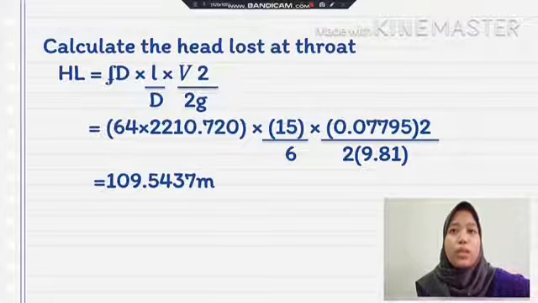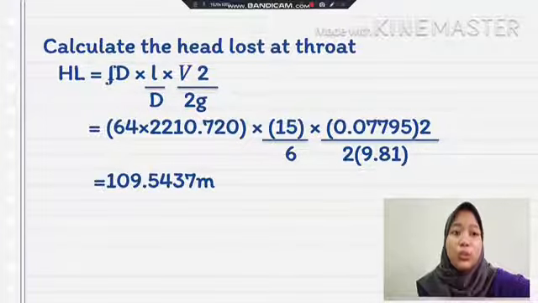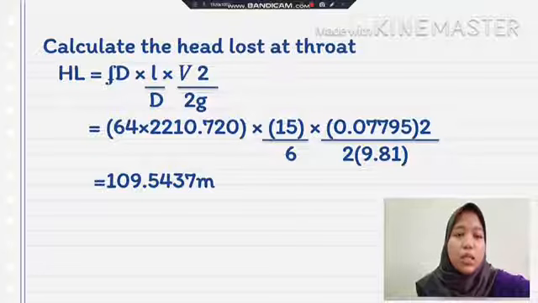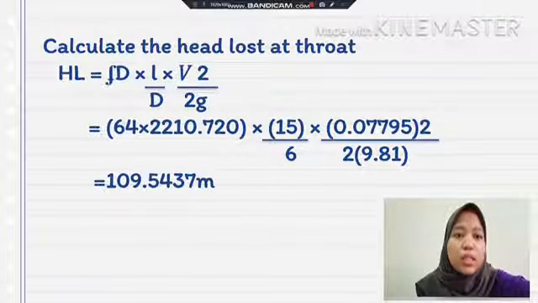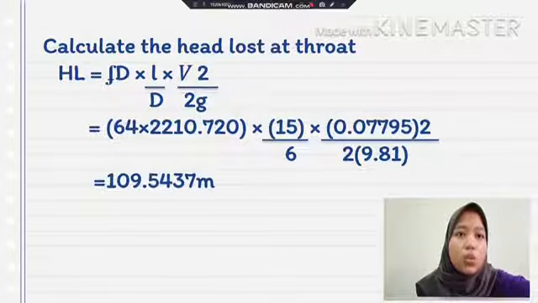Next, we need to find the head loss at the throat. We use the same equation as the entrance for head loss: head loss equals FD times L over D times V squared over 2G. So we put the values in and we will get 64 over 2210.720 times 15 over 6 times 0.07795 squared over 2 times 9.81.